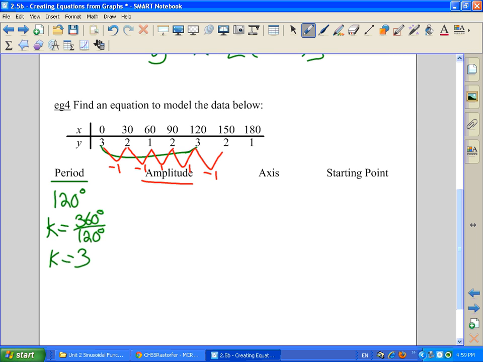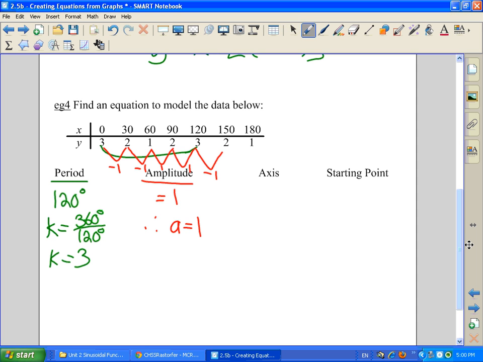You go from your maximum to your axis to your minimum to your axis to your maximum. So the absolute value of 1 and -1 tells us that amplitude equals 1, therefore our A equals 1.